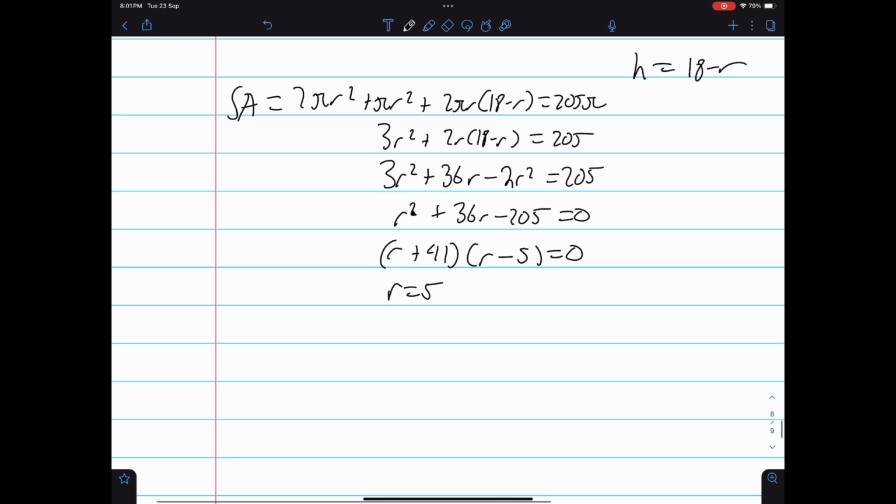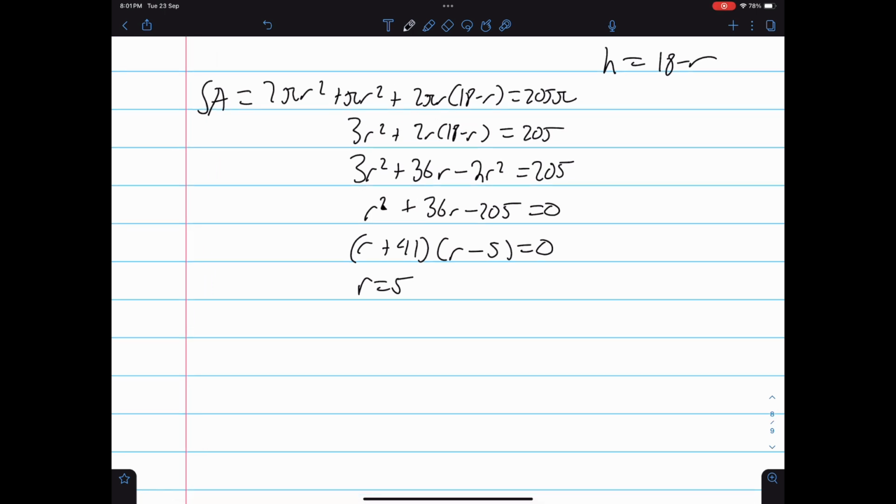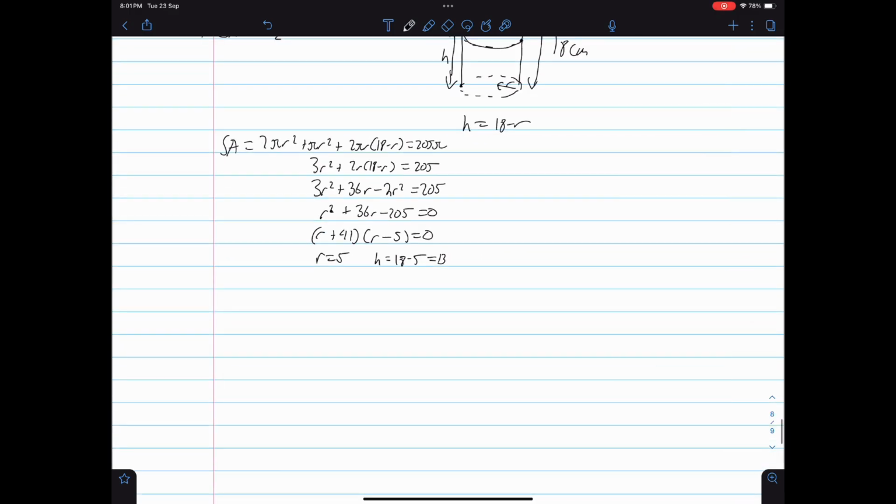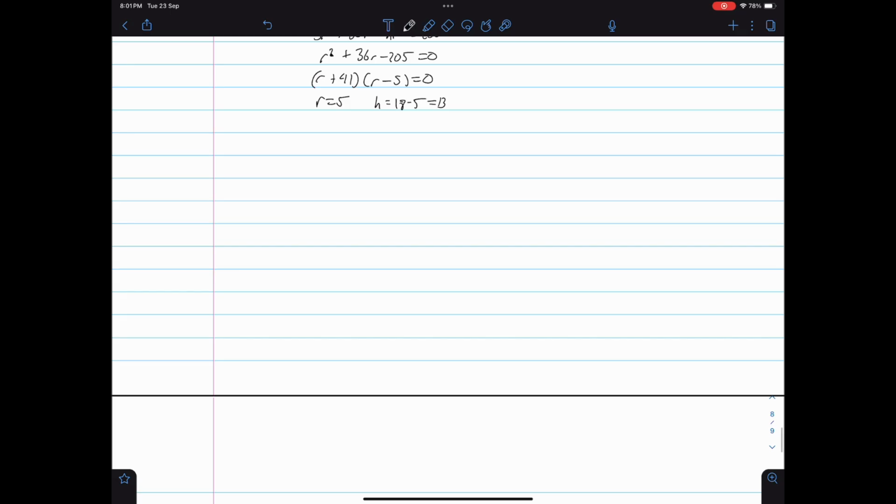And then h will just be 18 minus 5, which is 13. So r is 5, h is 13. Question 8.